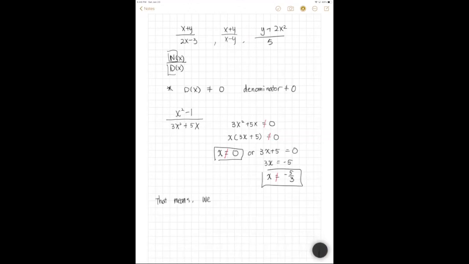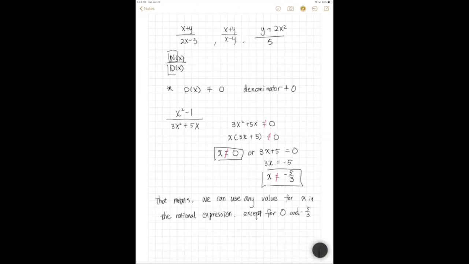So that means we can use any value for x in the rational expression except for these two numbers, 0 and -5 over 3.